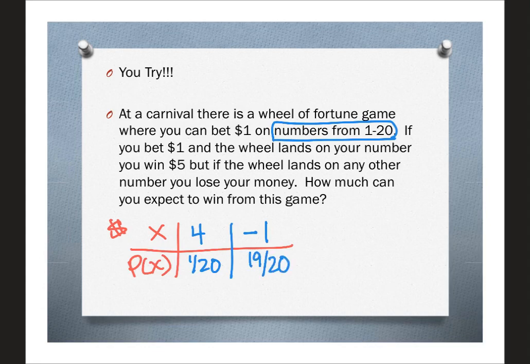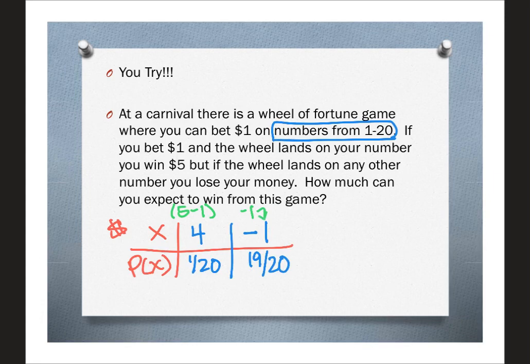The reason this 4 is a 4 is because you won $5, but you spent $1 to play. And this is negative 1 because you paid $1 and then you just lost it. You didn't win anything.